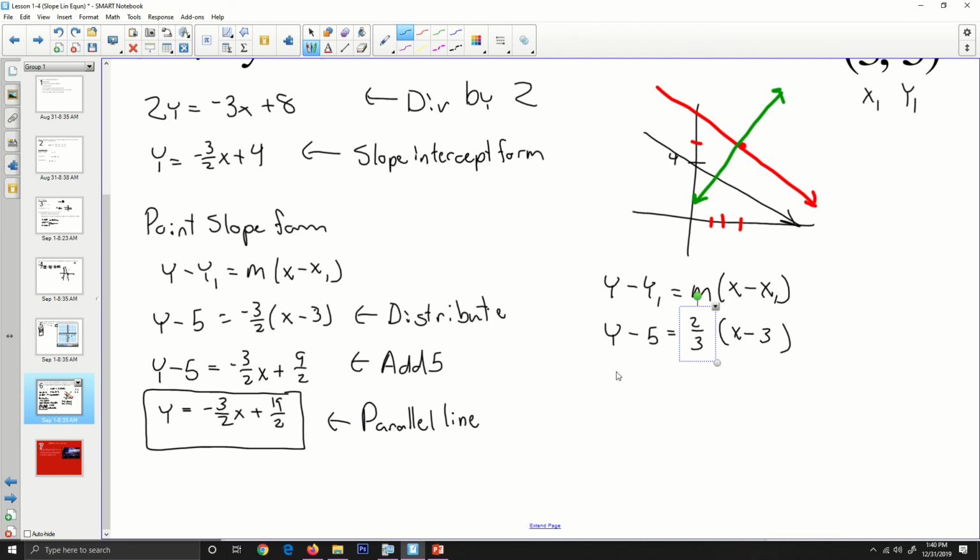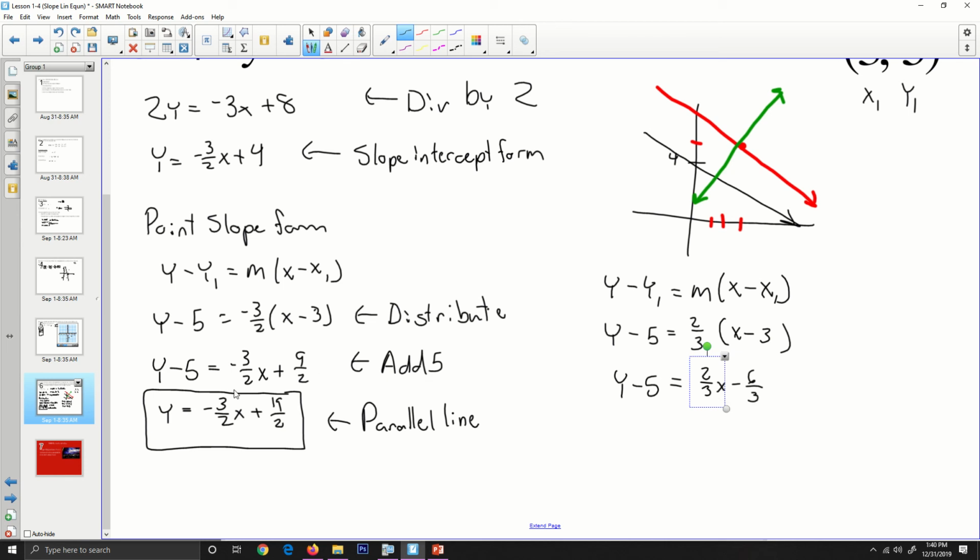So again, I want to distribute. So I'm going to go y minus 5 equals, when I distribute, 2/3 times x is 2/3 x, and then 2/3 times 3 is going to be -6/3. Now again, we're going to add here, but this time instead of adding halves, we're going to be adding thirds.